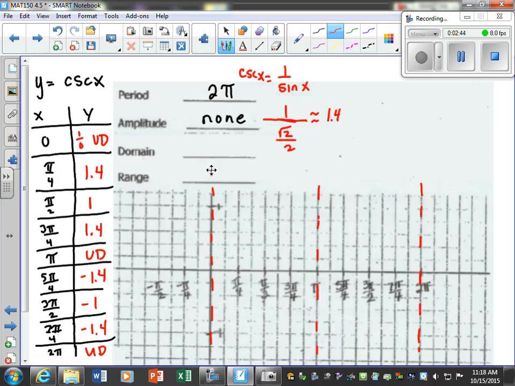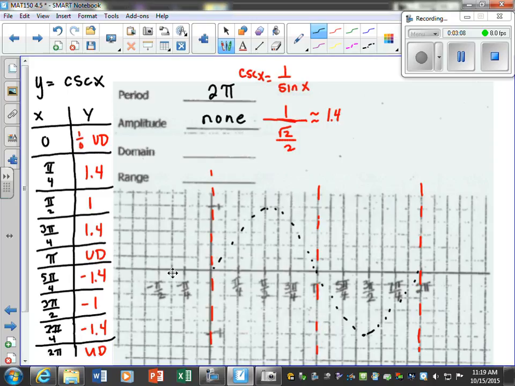Now, in black, if I had my sketch of just my sine function, let me see if I can do a rough sketch of that. Right, that's my sine function. So understanding that this is a reciprocal, let's see how that plays out.